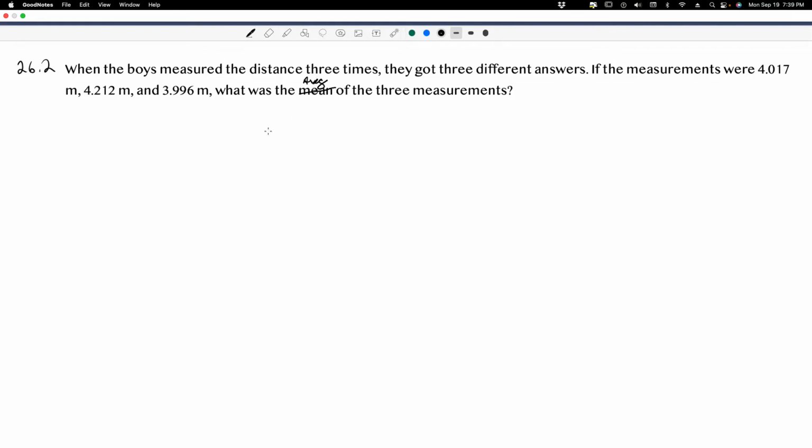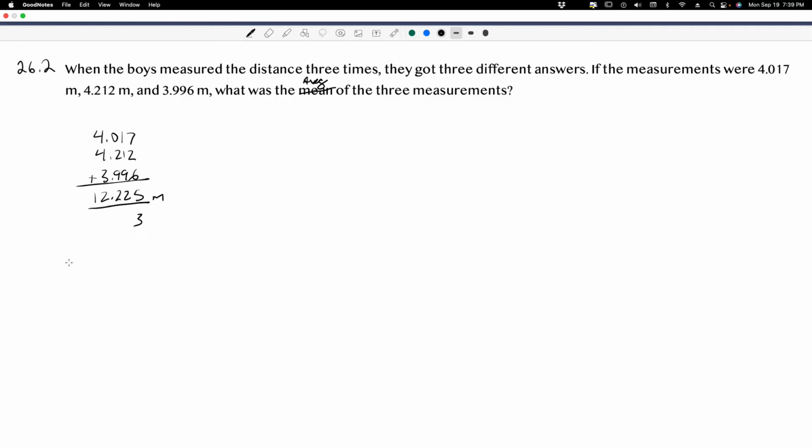4.017 and 4.212 and 3.996. Add it all together and we get 12.225 meters. But we have 3 different measurements, so we're going to divide that by 3. So when we divide that by 3, we get 4.075 meters.